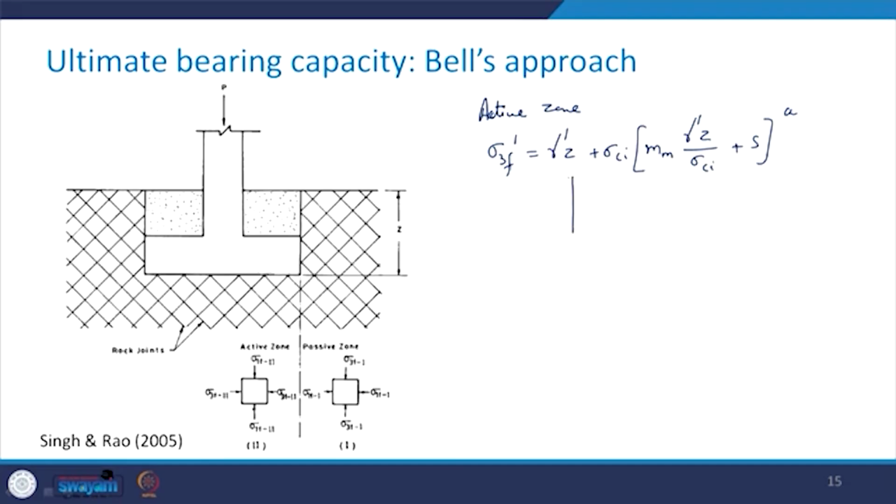Now from here we can obtain the sigma 1f prime again using the Hook and Brown criterion, and this is what is going to give us the Q ultimate or sigma u, that's the ultimate bearing capacity. So this is how, using the Bell's approach, you can find out the ultimate bearing capacity of the foundation.